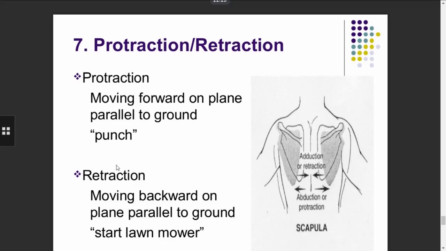Retraction is moving backward on a plane parallel to the ground. Imagine you're starting a lawn mower, then you will realize that your scapula is going backward, then this is retraction. In both cases, protraction we will call abduction, moving away from the midline, and retraction we will call adduction because it is moving toward the midline.